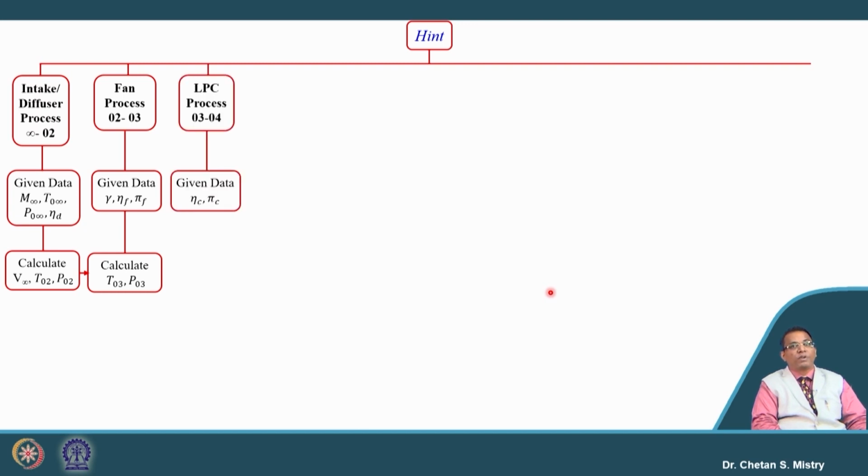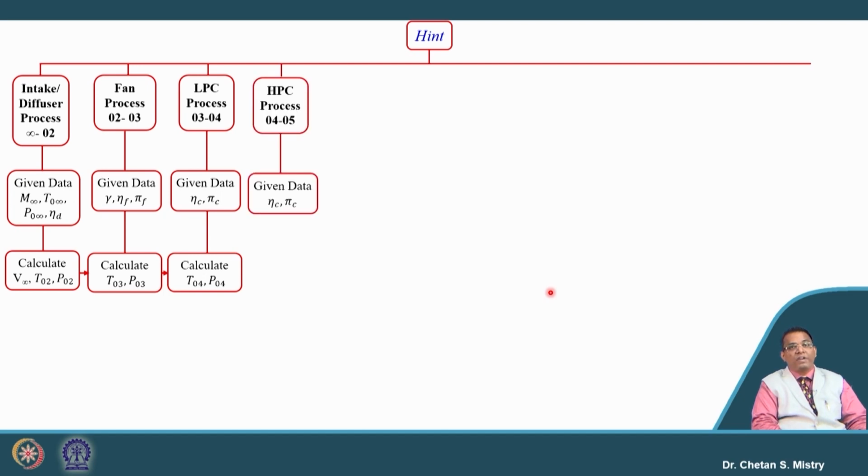For the LP compressor, we are given the efficiency and the compression ratio, so we can calculate the exit condition from the LP compressor. Similarly, for the HP compressor, efficiency and pressure ratios are given, so we can calculate exit pressure and exit temperature.